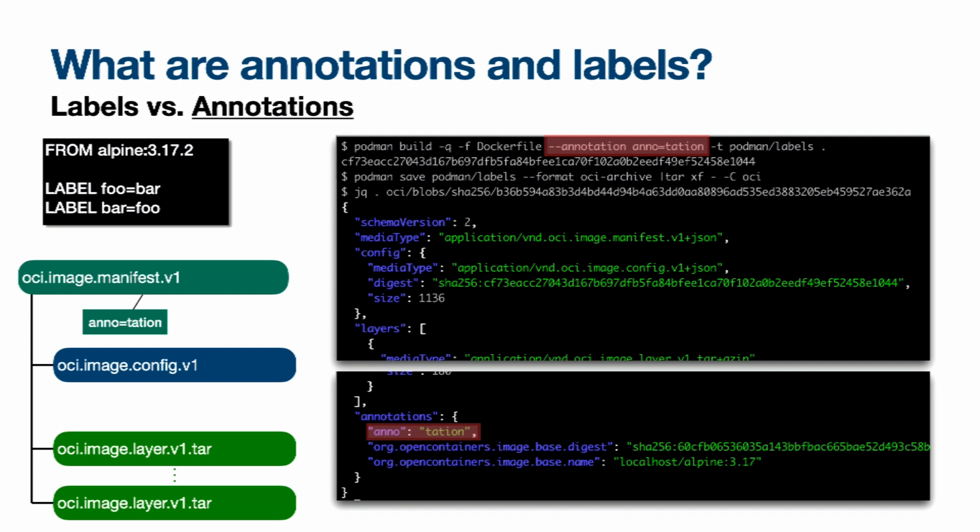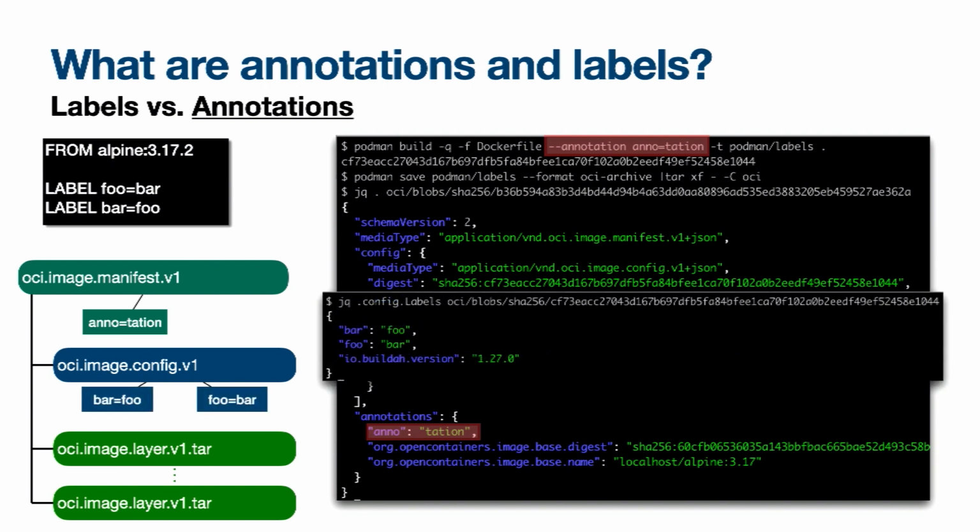It will create an annotation that is part of the resulting manifest. So as we see, the OCI image manifest has the annotations that are created within this build command at the manifest level, and all the labels are still part of the config object. The config object doesn't know about the annotations because they are two different things, right?